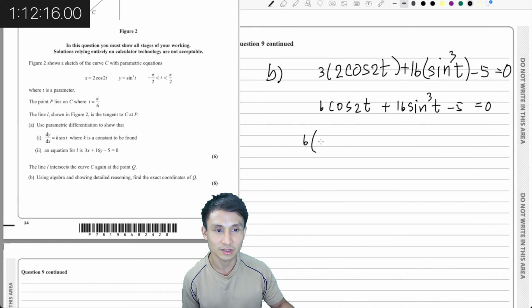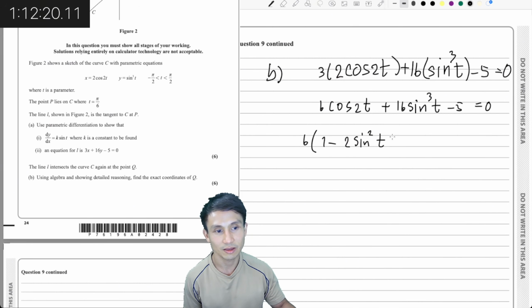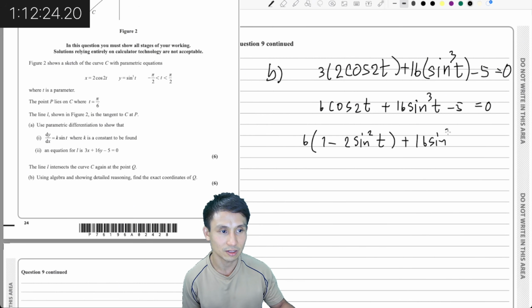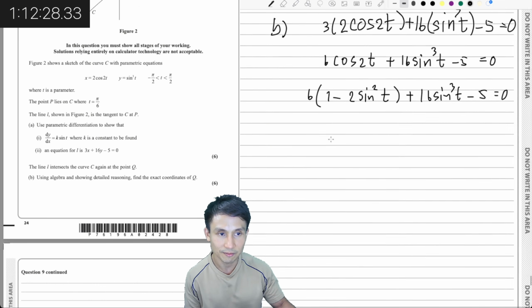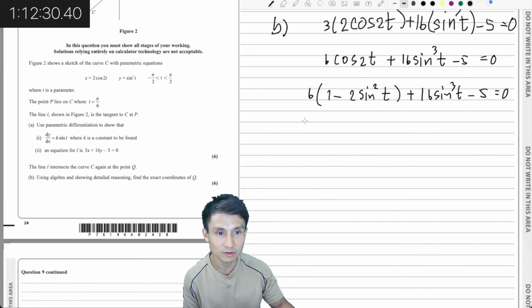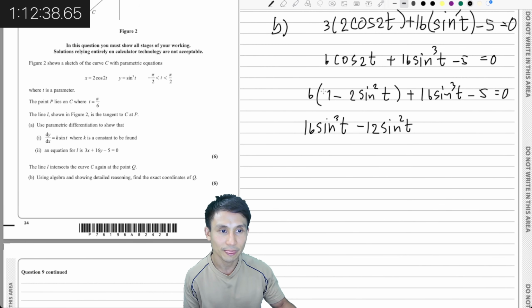So this is going to be 1 minus 2 sine squared t plus 16 sine cube t minus 5. So I'm going to rearrange the form here. 16 sine cube t, and then minus 12 sine squared t, and then this is 6, right?